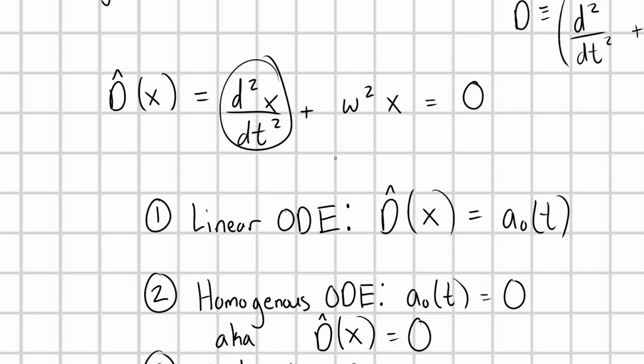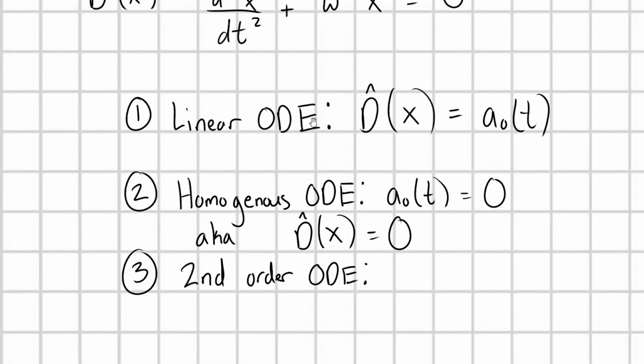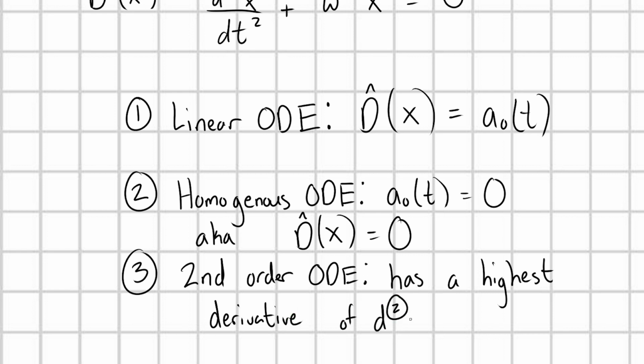That's about it. It's pretty simple. So it has a highest derivative of d squared x dt squared. And so it's a second order ODE.